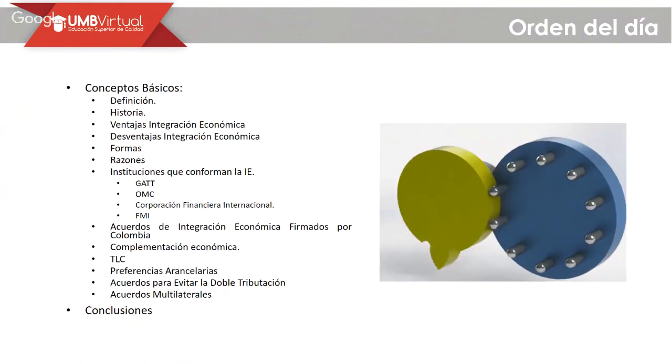The day order is going to be: first, we are going to see the definition, then the history, then the advantages of economic integration, then the disadvantages of economic integration, forms, reasons, and institutions that make the economic integrations.